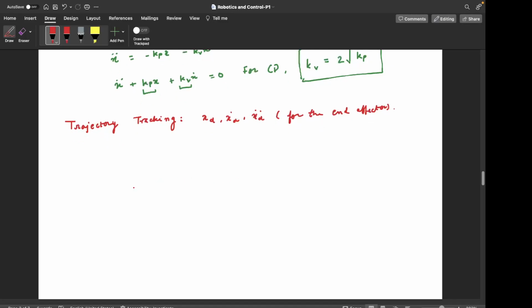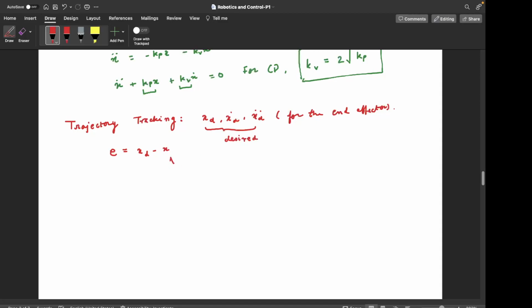So we define the error as usual, xd desired minus the actual. This is actual, this is desired. Desired or reference, these are the terms which we use.